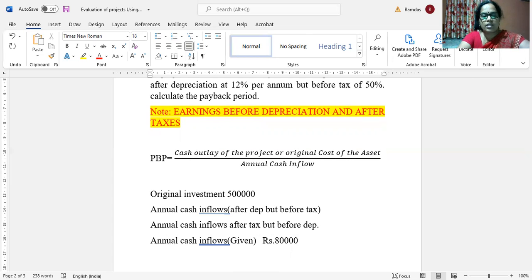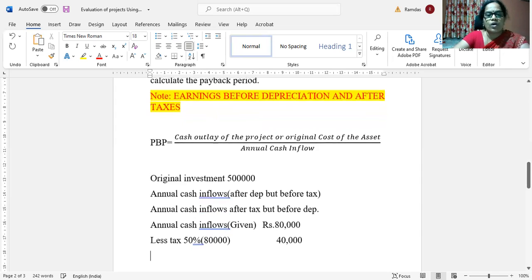But first let us deduct the tax, because we need it after tax. Tax is 50%. So 50% of 80,000 is 40,000. So our profit after tax is 40,000.